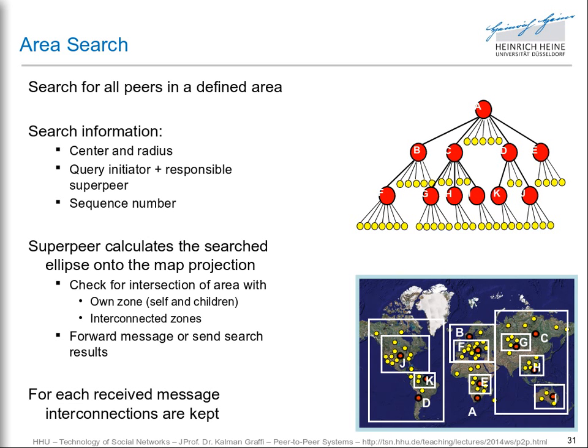Now I want to show an example with no interconnections, so just routing in the tree structure. We have this green node, which wants to start a query to this area, and we want to know which peers are in this area.